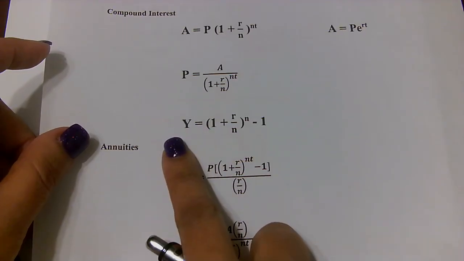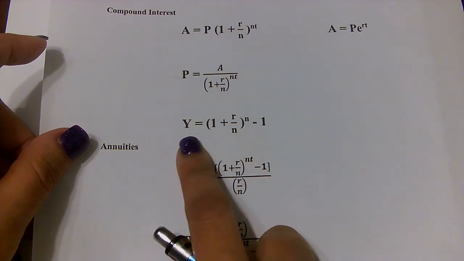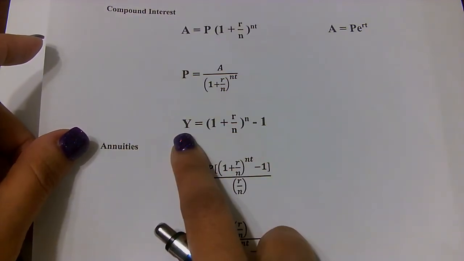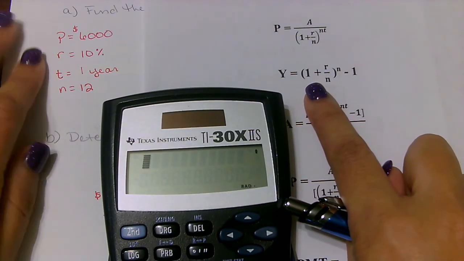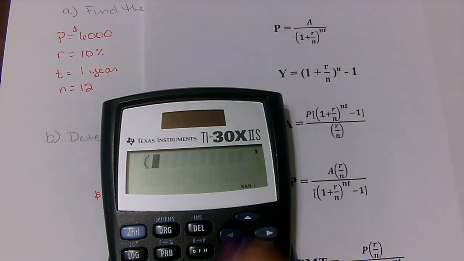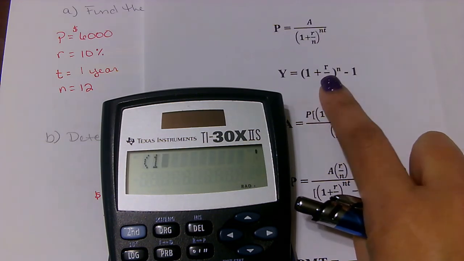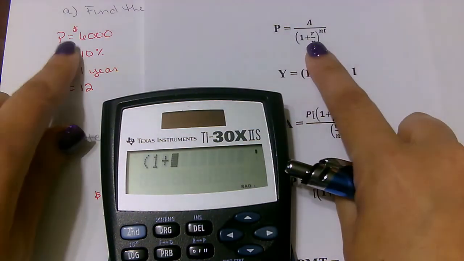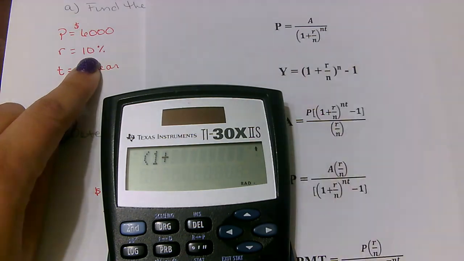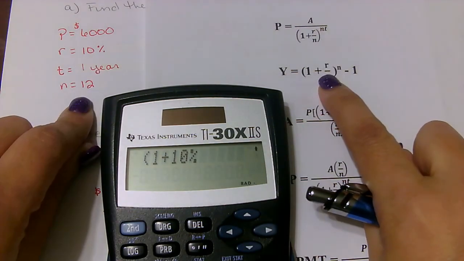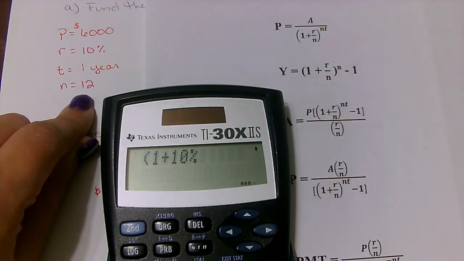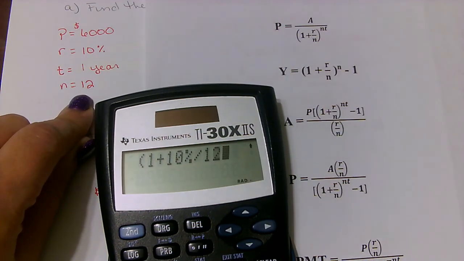To make things simple, we could have used this formula here to determine our annual effective rate. Let's go ahead and plug in these numbers. We have parentheses 1 plus our interest rate for our compounding is 10%. So I'm going to put 10% here. Divided by N, which is 12. So divide by 12.